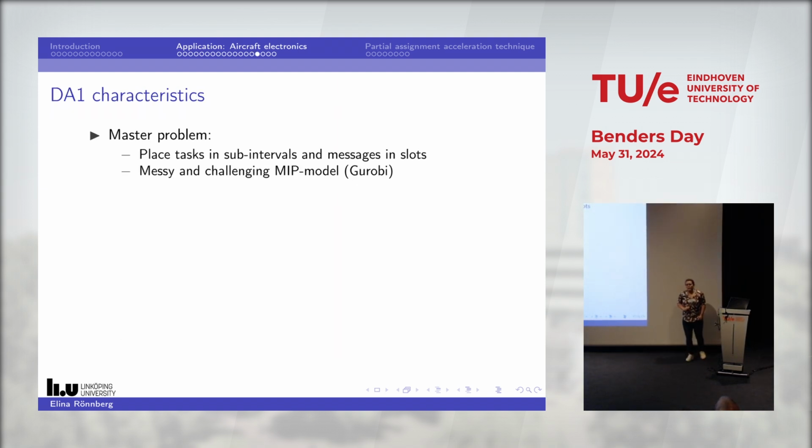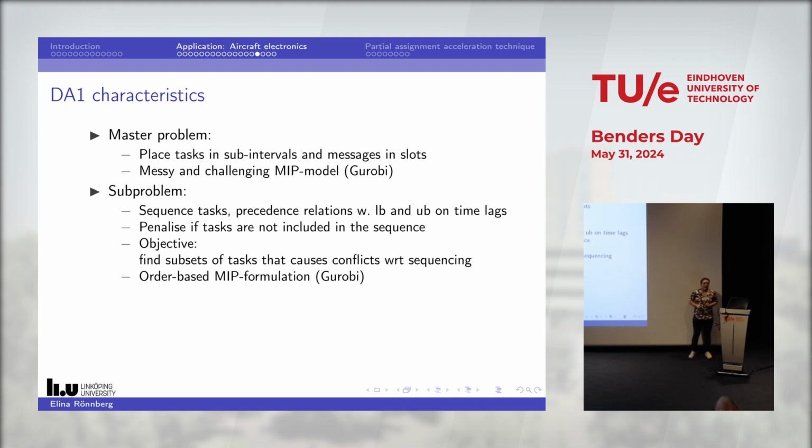And this first one, I won't talk about the details here because I will only use it for comparison. But here we keep more decisions in the master problem, essentially. So what we do is we place tasks in subintervals and messages in slots, and this gives us a rather messy model that we can solve by Gurobi. Then we get a subproblem where we sequence tasks, but they are already placed in these subintervals.